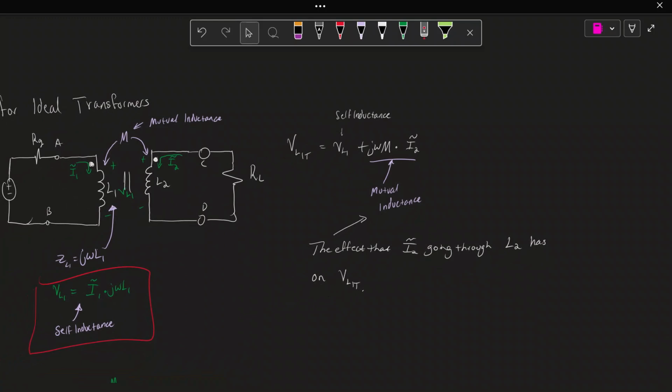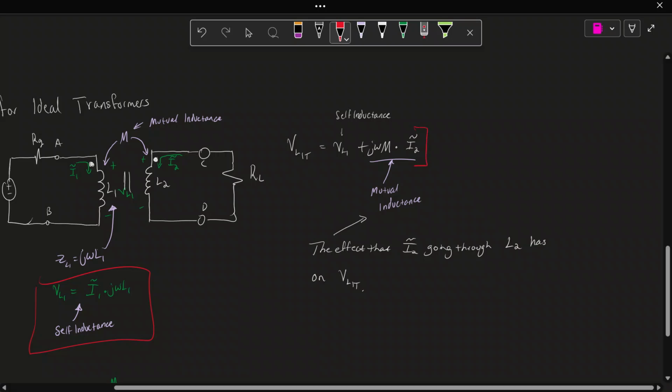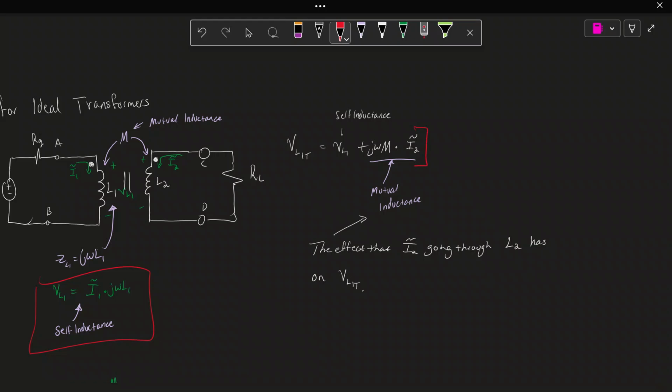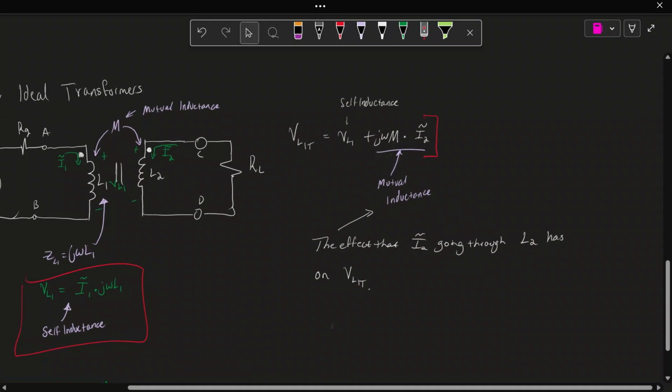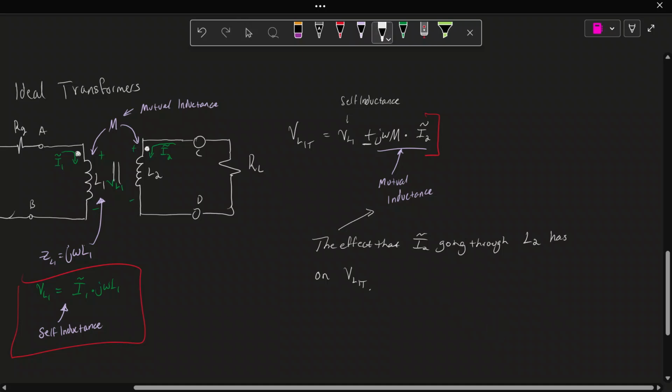And this is denoted by the mutual inductance j omega M times the current flowing through L2. So the total voltage across L1, of course, is going to be its self-inductance plus its mutual inductance. Now, of course, it can be plus or minus. We have to make sure. We'll figure that out here.